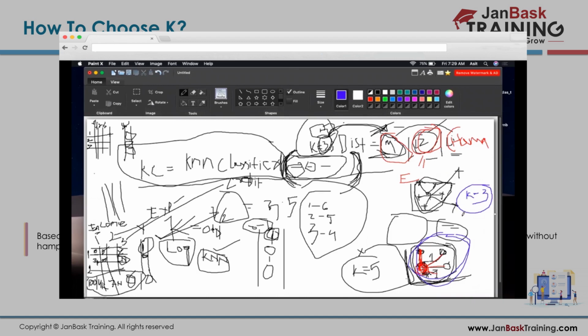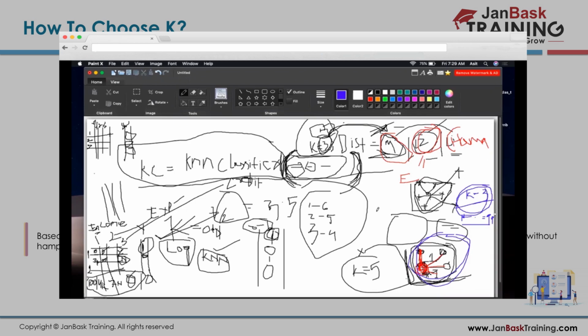But suppose you give k equal to 99. Then every time, to identify 99 neighbors, it has to check 99 distances, right? The computation takes a lot of time if you give a large value of k. So the problem lies in both. When you give a small number, your model is underfit.